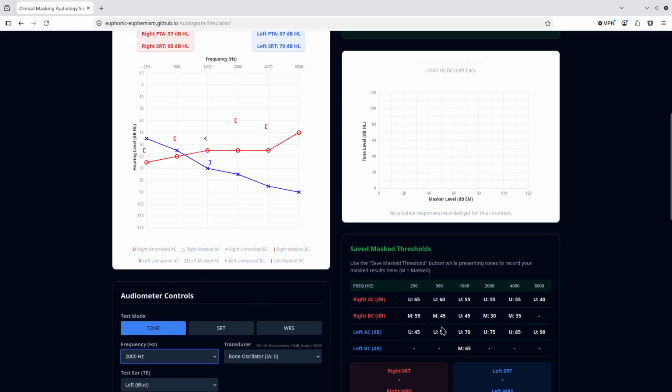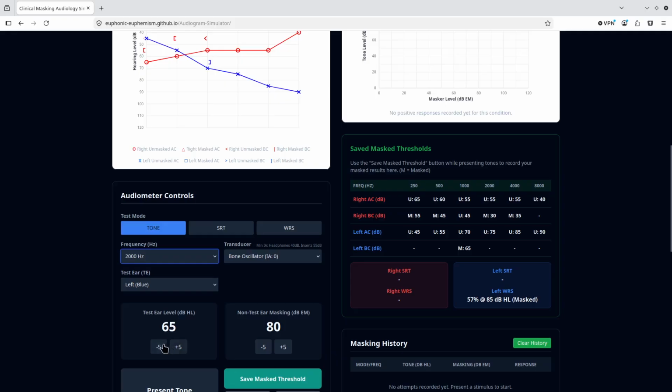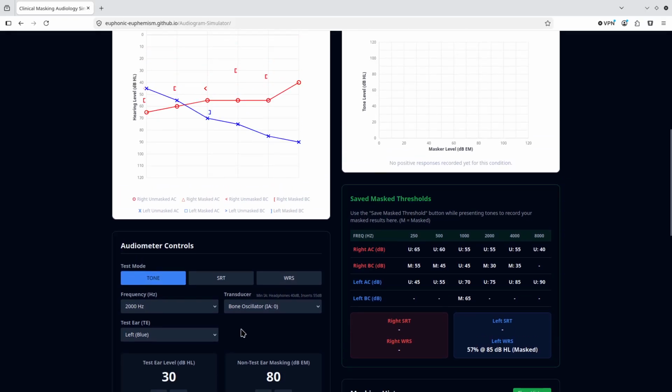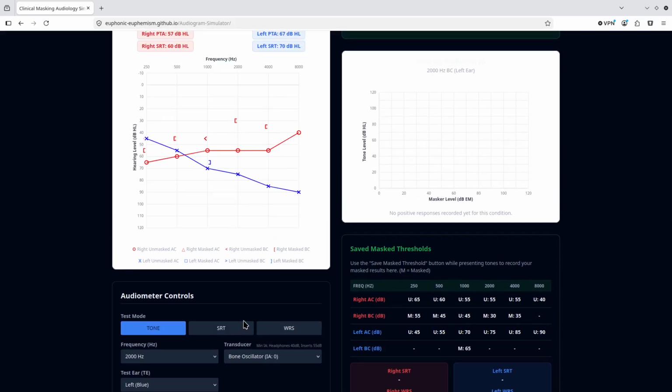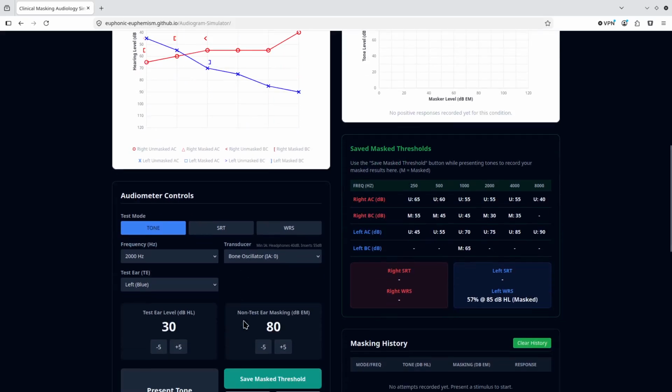That's air conduction. Bone conduction, masked is 30, which I believe is the same as our unmasked, so we start at 30 there. So starting at 30 in the left ear, and the right ear is where we put the masker. The right ear air conduction threshold is 55. We do 10 above. There's no occlusion effect.